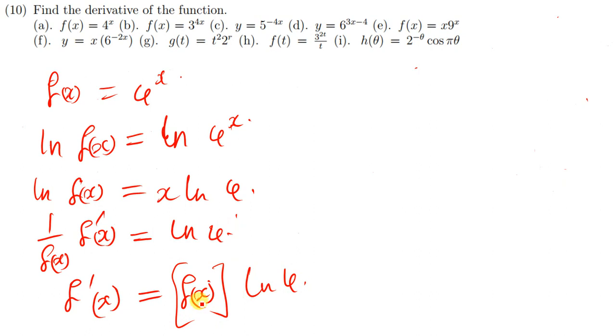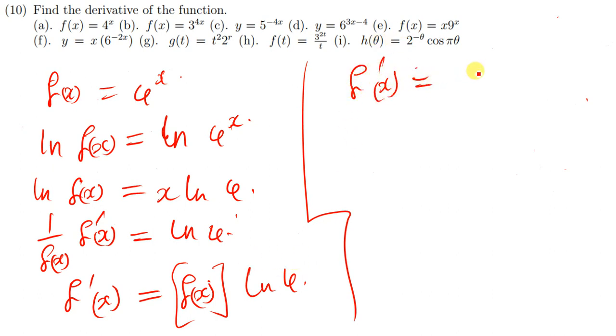So as you can see, f prime of x will simply be equal to ln 4 times 4 to the power x. So this is what you're going to have as your expression for f prime of x.